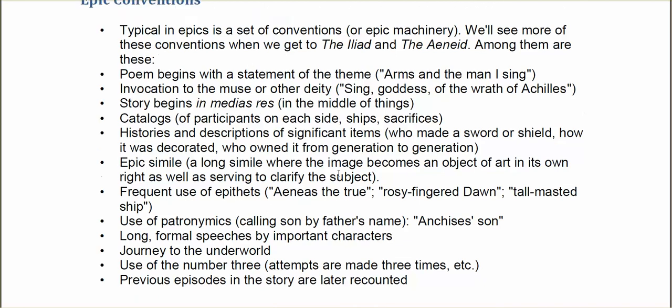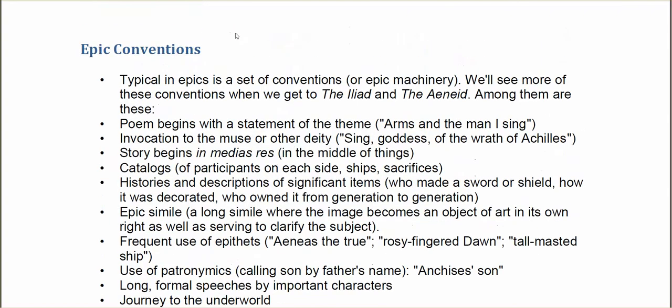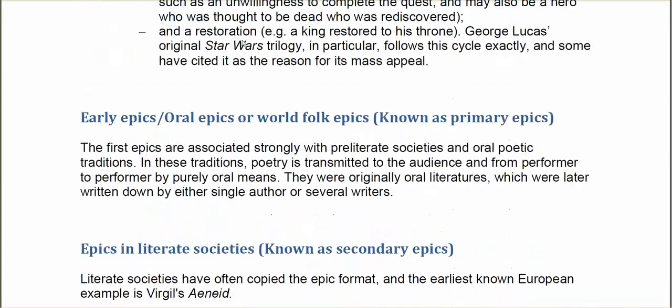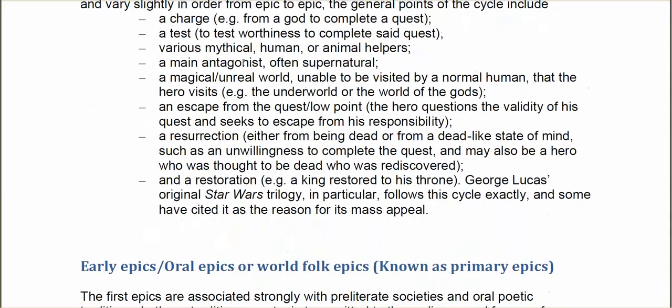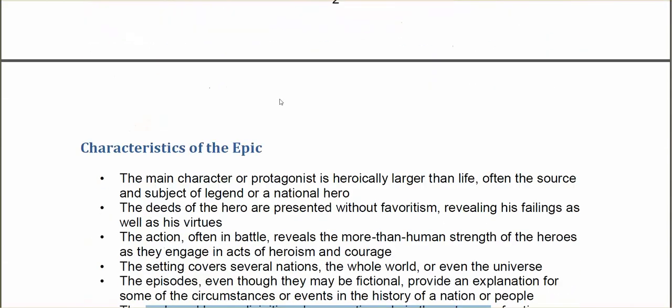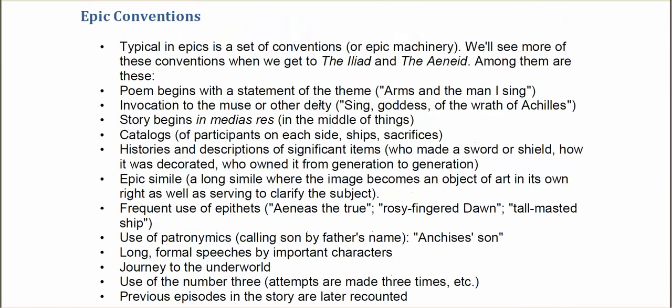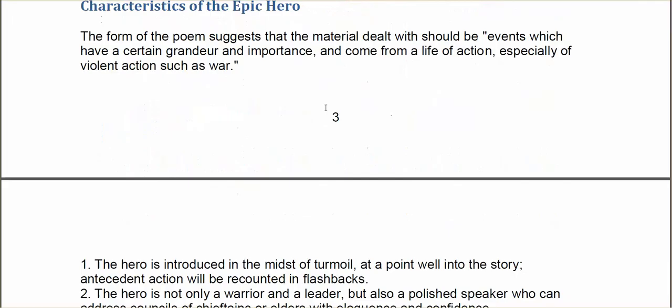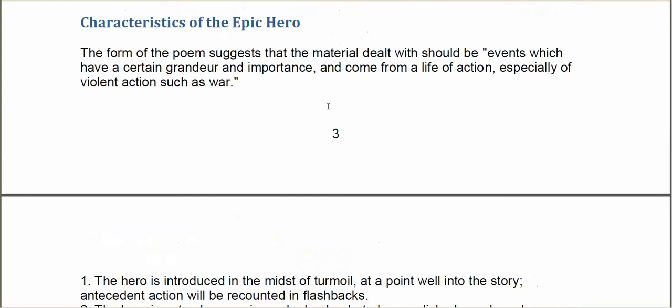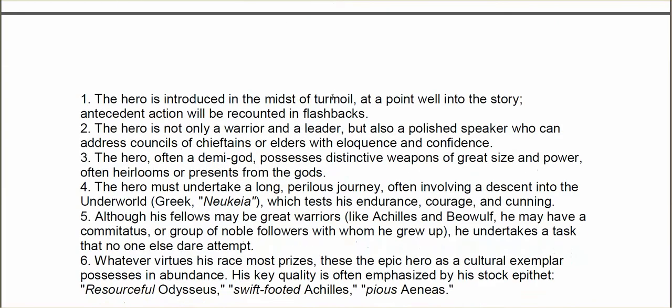Some of these things we might see, but I think it would just be confusing to say some of these you'll look for and some of these you won't. So we'll just skip over the epic conventions altogether. So we'll look at the epic cycle, and you'll look at the characteristics of the epic. We'll skip over epic conventions, and we'll look at the final one, characteristics of the epic hero.